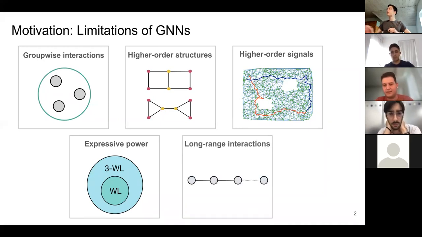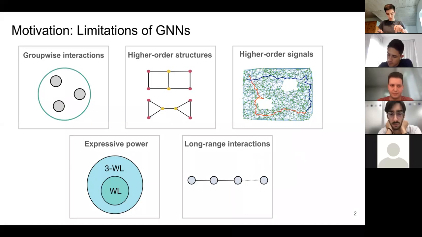Finally, something you will see mentioned quite often are long-range interactions. Something annoying in graph neural networks is that you have to chain a lot of layers to get interactions between nodes that are far apart. And when you chain lots of layers, you currently have all sorts of problems like oversmoothing that have been studied in the literature lately.